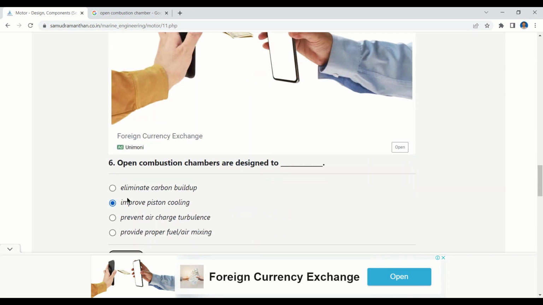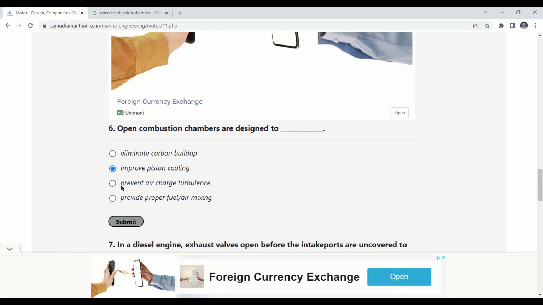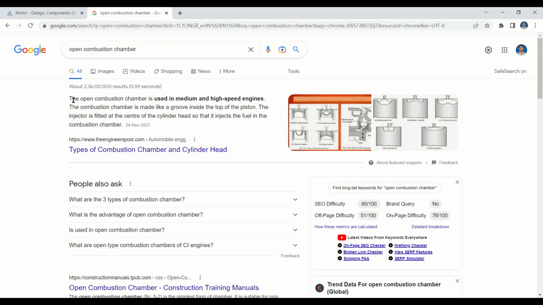Our next question is, open combustion chambers are designed to, and the options are eliminate carbon buildup, improve piston cooling, prevent air charge turbulence, provide proper fuel air mixing. The correct option should be provide proper fuel air mixing. Let's see what this is. The open combustion chamber is used in medium and high speed engines.